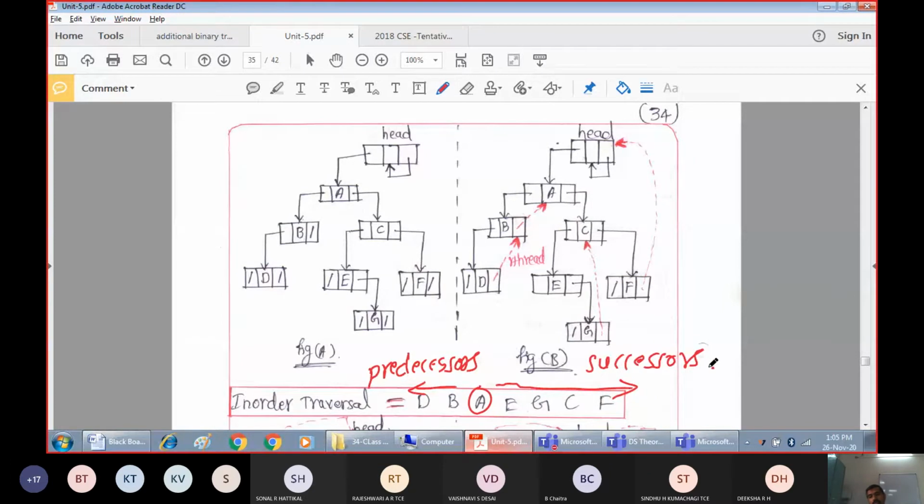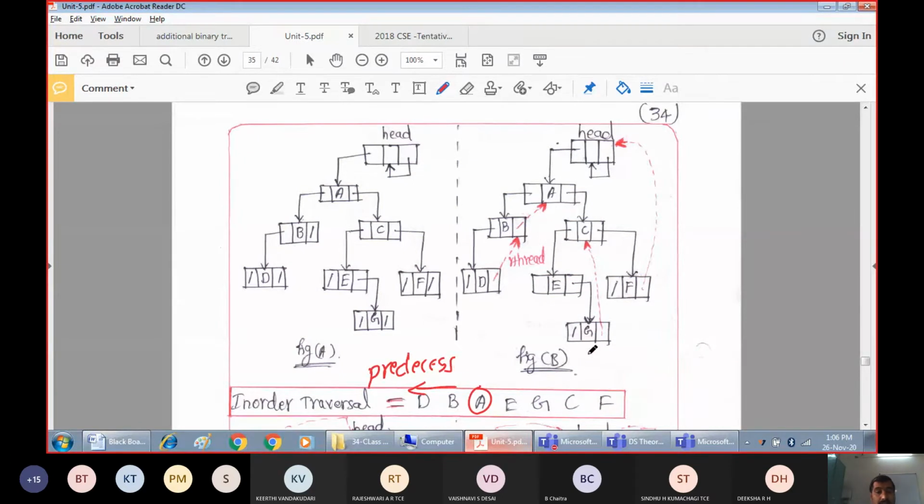So these terms you should know. First, you should be able to write the traversal. Once you have written the traversal, for any given node, all the nodes coming to the left of that are called predecessors, and all the nodes coming to the right of that are called successors. So we know what is a predecessor and what is a successor.